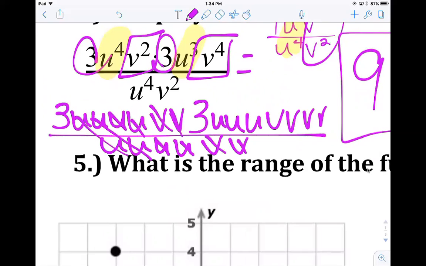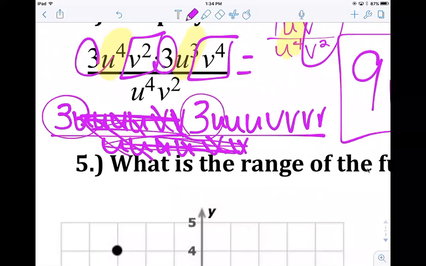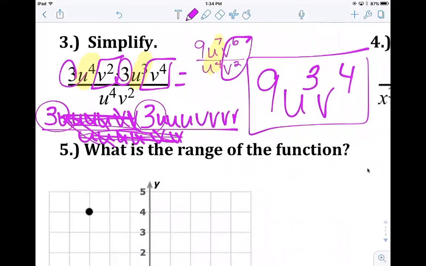So I can eliminate from the beginning 4 u's and 2 v's. So now that all is gone. So what's left is a 3 times a 3, which gives us our 9. And then if you look at our u's, we have 3 u's left over, which is the 3. And then we have those 4 v's left over, which is where that 4 is coming from. So you could also do it that way instead.